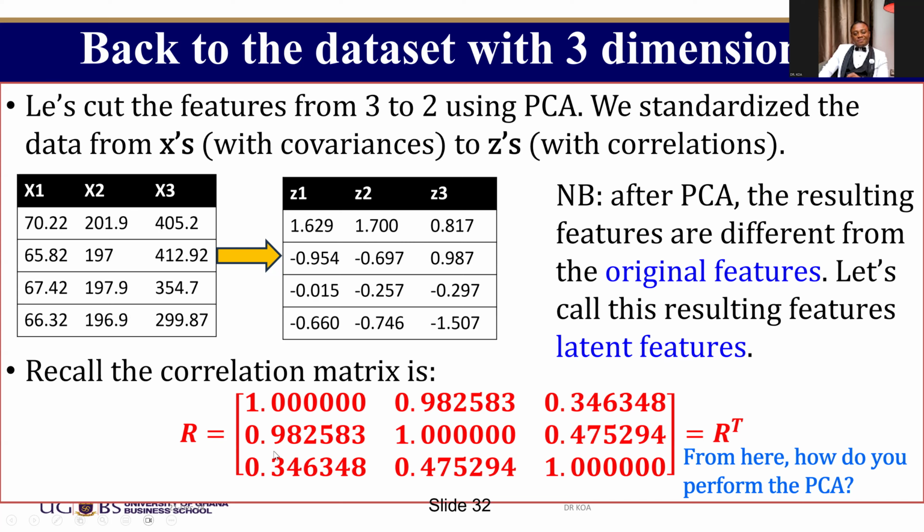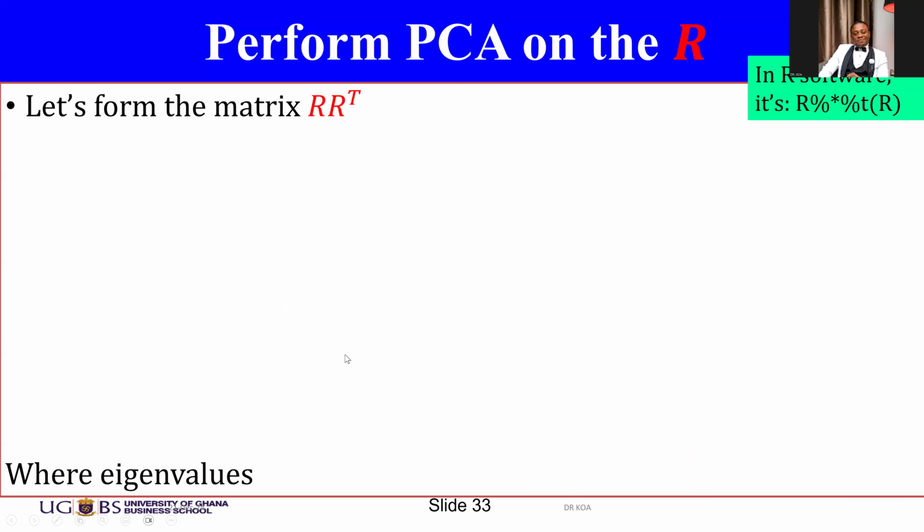Now, how do we get to do PCA from here? It's fairly simple. First, we have to form the R and the transpose of R. That is the matrix of the correlations and the transpose of the correlations. If you check on the right here, how you do that in R software is quite interesting.